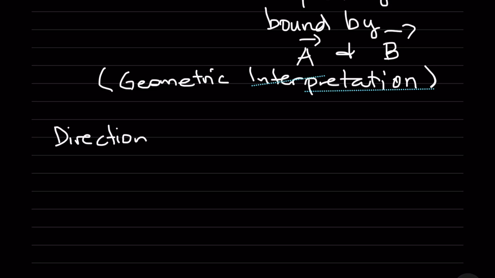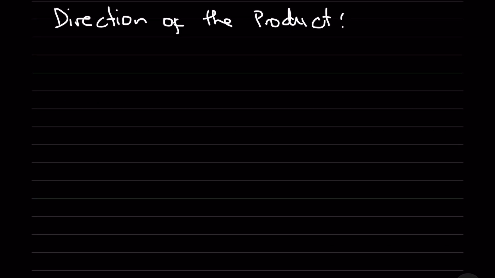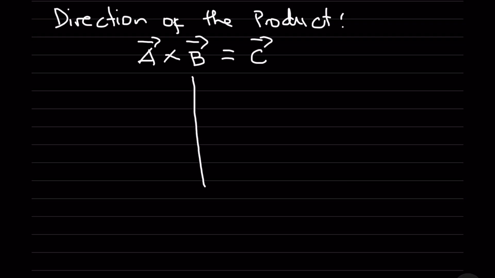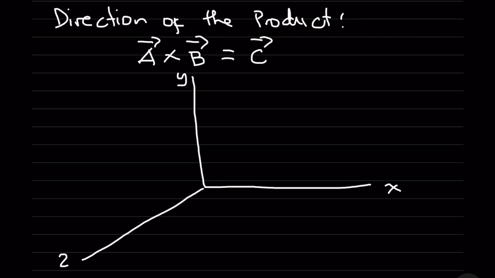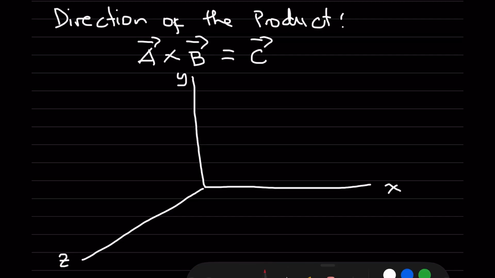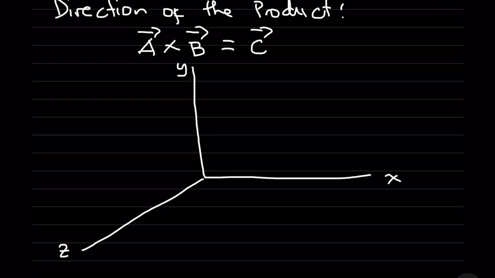So far, we have just talked about the magnitude of the cross product. Like what I have mentioned earlier, for the case of the vector product, the product has a direction. It is also a vector quantity. So let us see how we define the direction of the cross product.